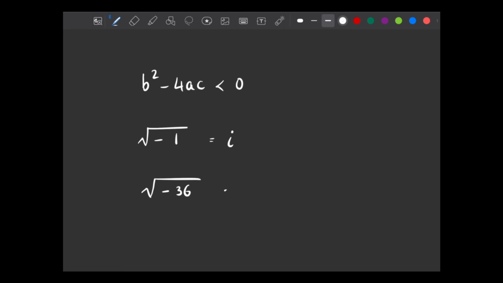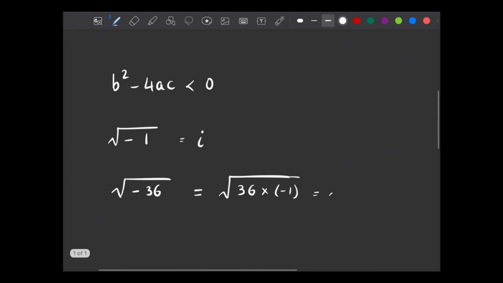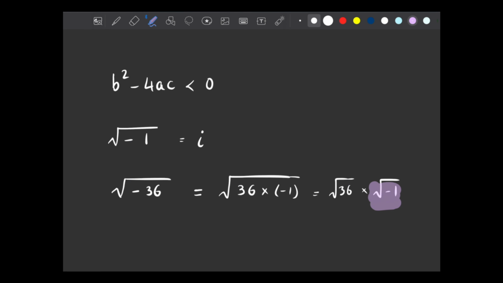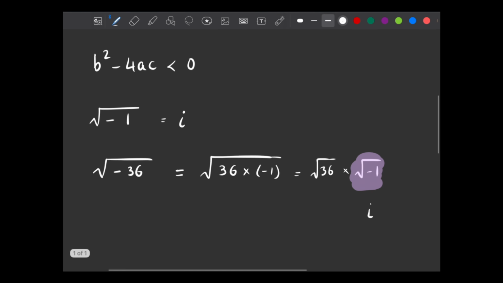We can rewrite this as square root of 36 times minus 1, which I can rewrite as square root of 36 times square root of minus 1, and we have just defined this square root of minus 1 to be equal to i. So I'm going to replace the square root of minus 1 with i, and square root of 36 is 6.